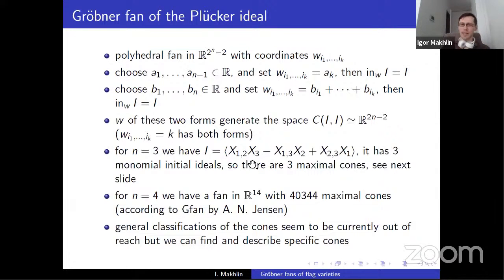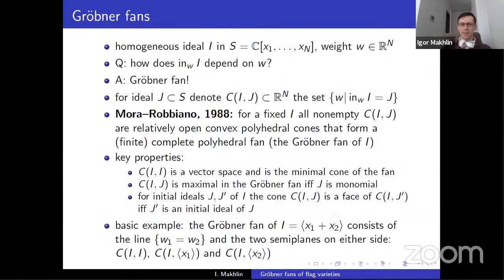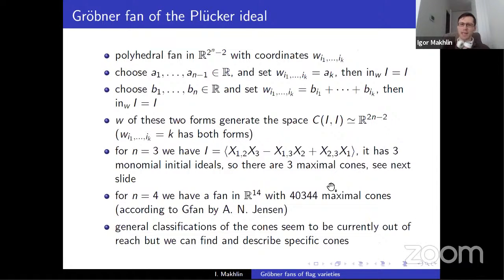So its initial ideals, the initial monomial ideals, are the ideals generated by each of those 3 monomials which occur in this expression. And as I said a couple of slides ago, the maximal cones correspond to initial monomial ideals.